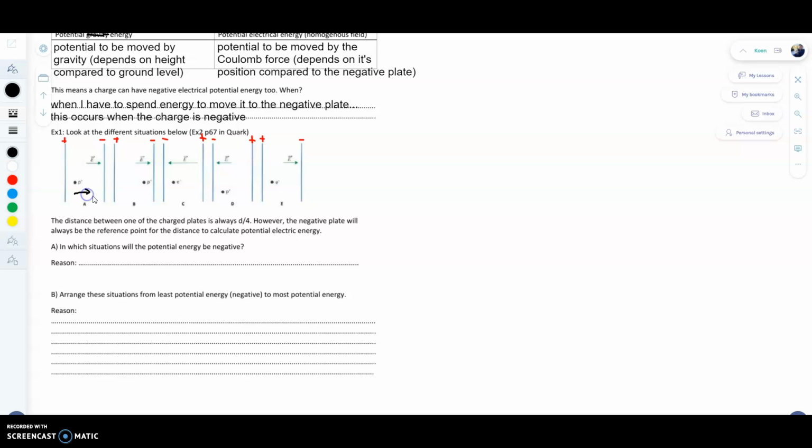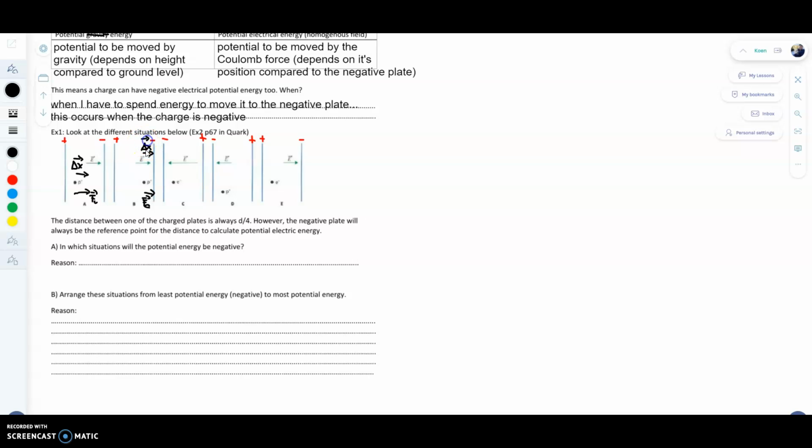My Coulomb force is going to be able to move it towards the negative plate, which is my reference point. This is 0 potential electrical energy. If it's a proton here, same thing. You have the Coulomb force. It is going to be possible to move it towards the negative plate.